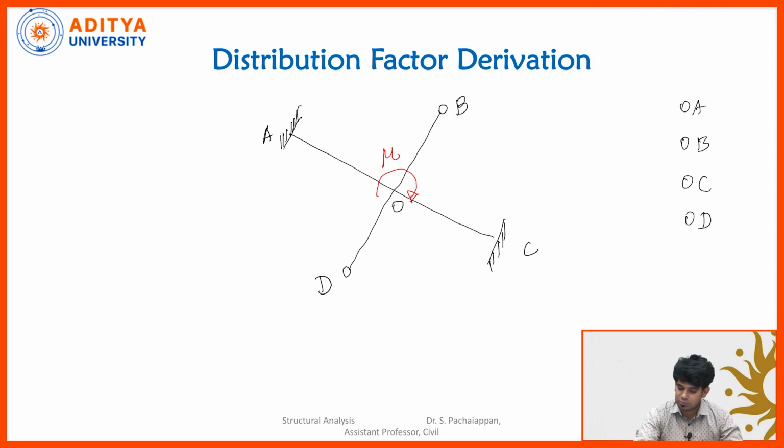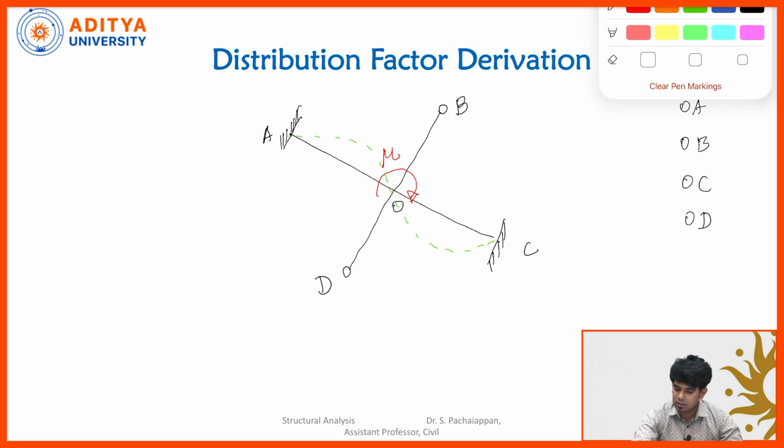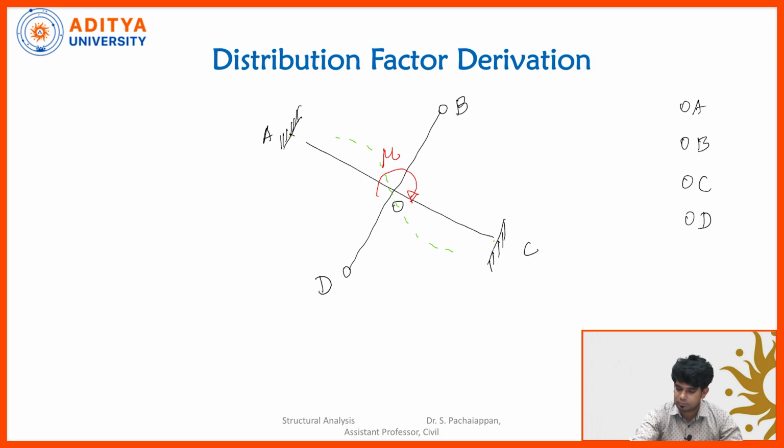Because of this moment, the beam is going to deflect like this. It's not exactly like this, because near the fixed support we may not have the deflection.